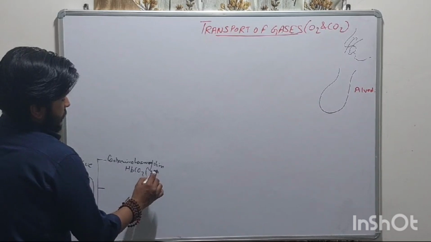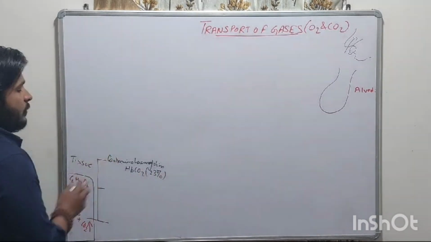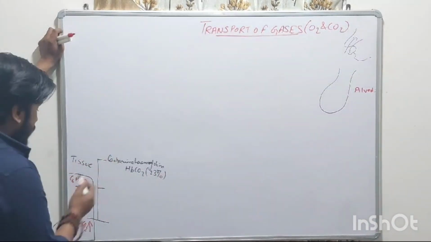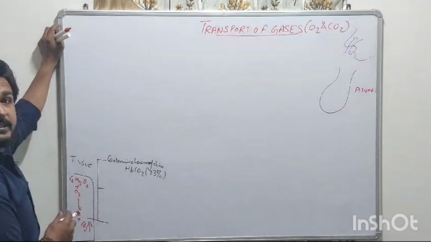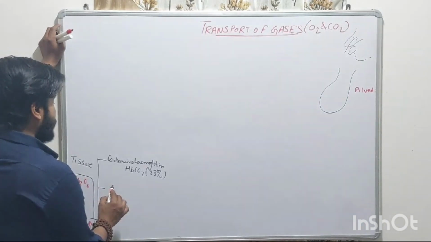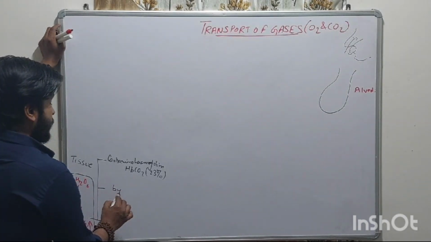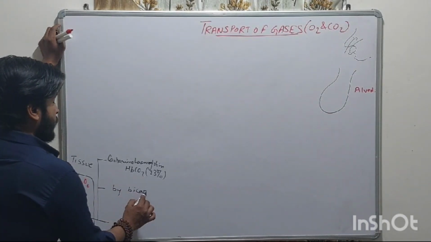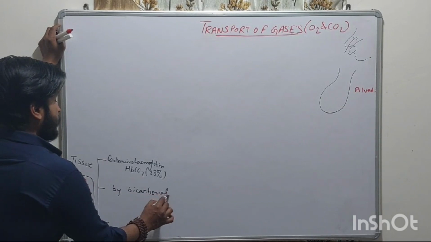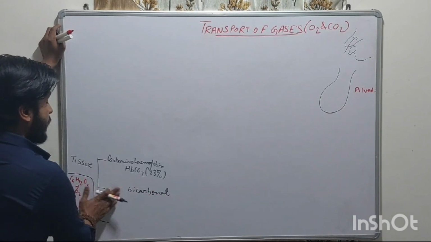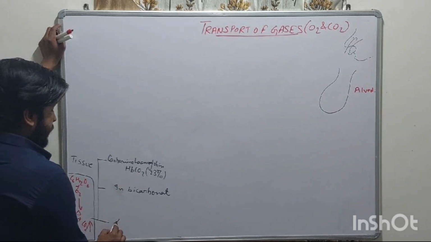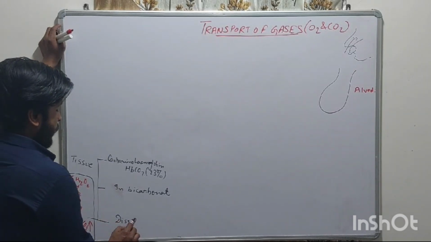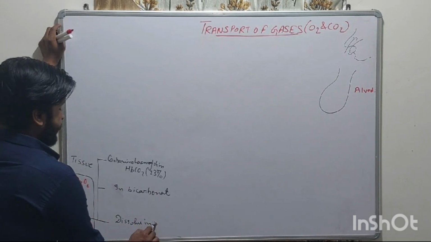What is the percentage? It is about 23 to 25. I will go with 23 percent. Now, the other form that the CO2 takes before getting transported is the bicarbonate form, in bicarbonate form. And the other is directly dissolved in plasma.